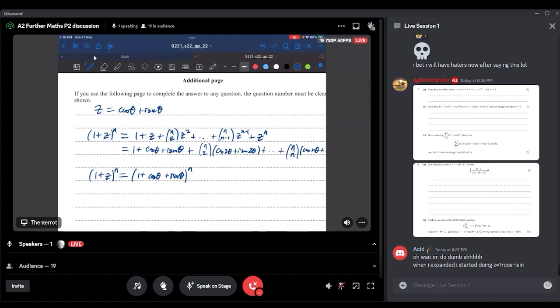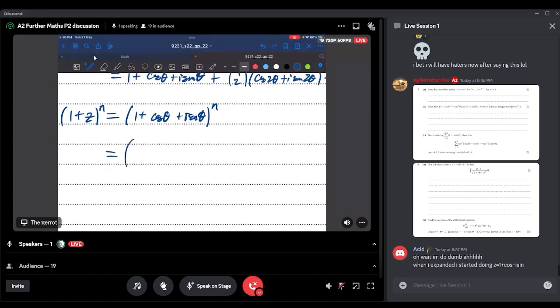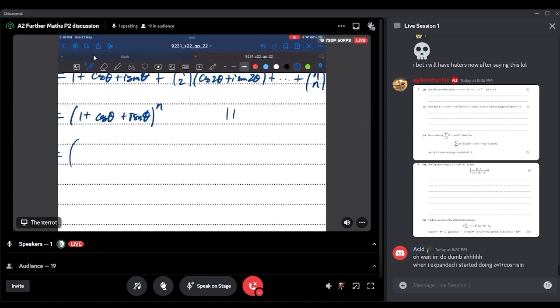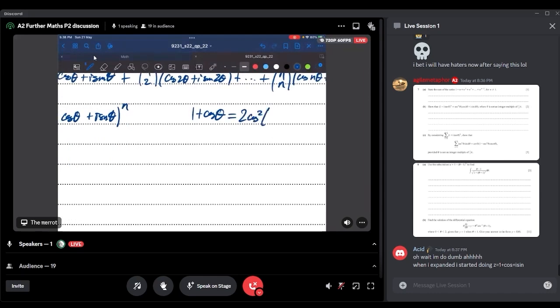So what can we do here? For 1 + cosine theta, I can use the identity 1 + cosine theta equals 2 cosine squared theta over 2. And that's how I produce the theta over 2.